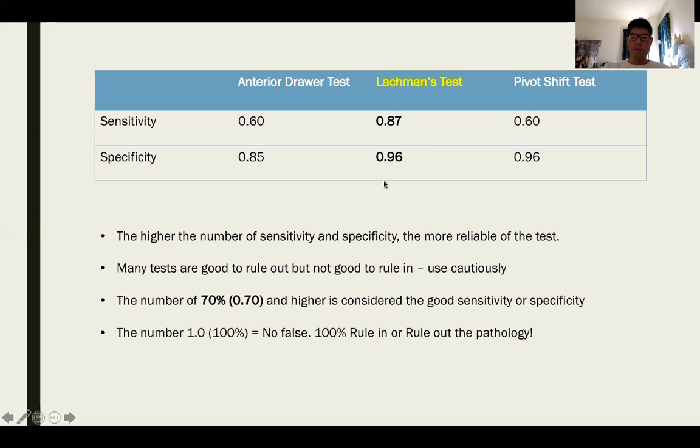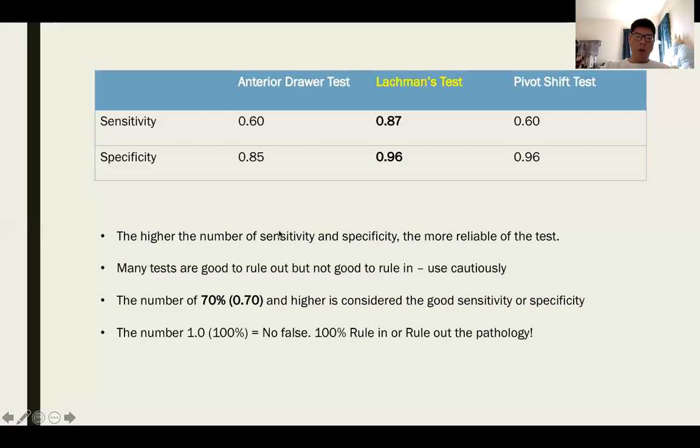If you compare these three, or even more special tests, you can find that a lot of special tests have a very high specificity, but some have very low sensitivity. That means with most of the tests, you can rule out the condition, but sometimes some of the tests can't really help you rule in the condition.